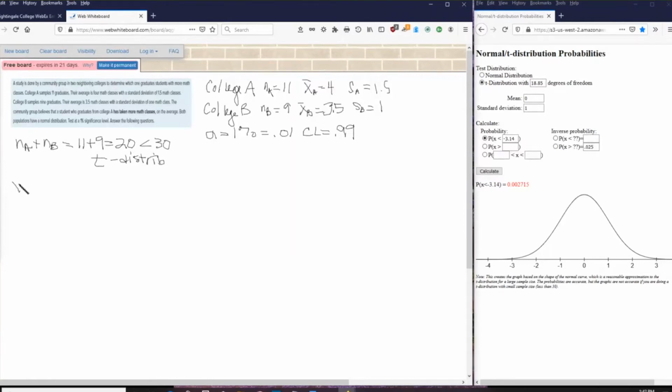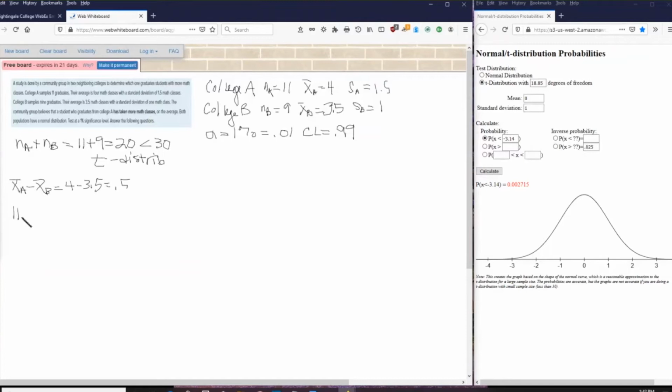So let's look at our data. Our random variable, the difference of our means of the number of math classes, is going to be 4 minus 3.5, which equals 0.5.